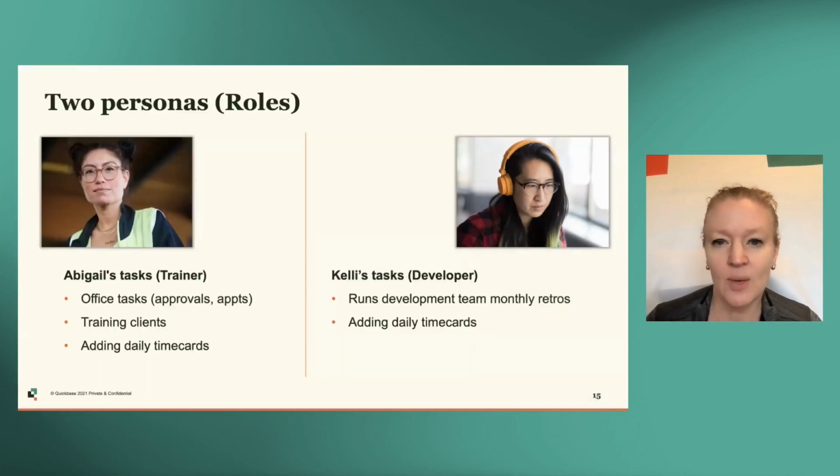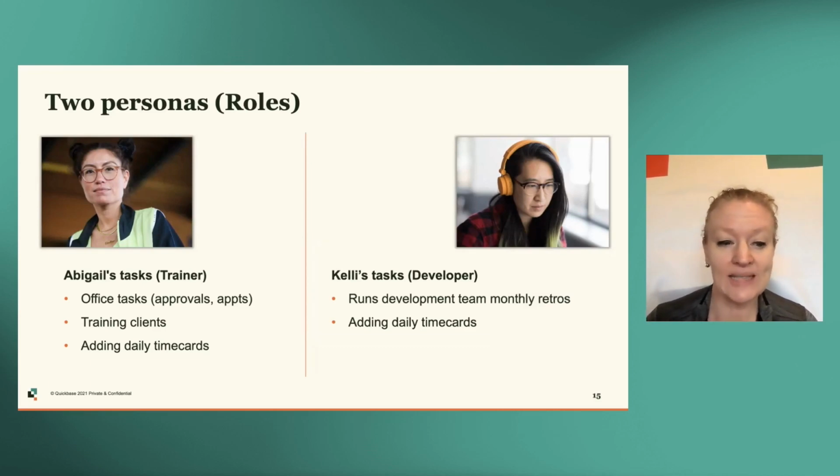But how can we make their interaction with this application better so that there's less friction? They're giving us the information we need, but their experience of using it is much more delightful. And when you're thinking about your own applications, think about the users, the roles, and the experience that they need out of the application.